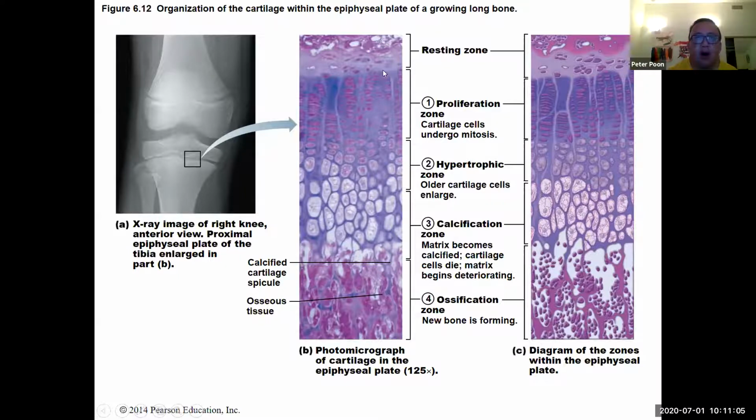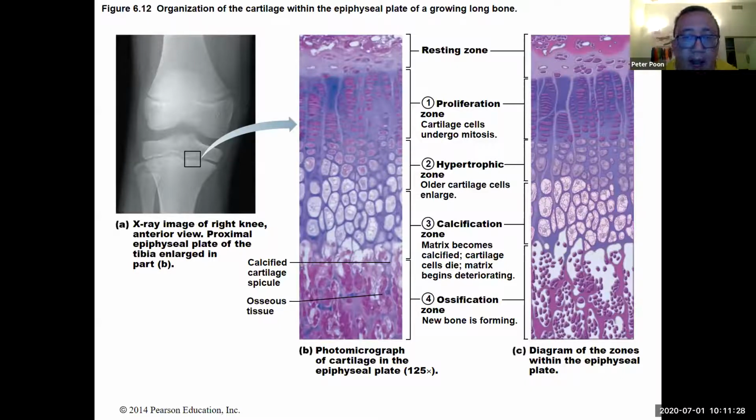So I have a resting zone where the cartilage is normal. I have a proliferating zone where the cartilage is growing, and it's growing so fast, undergoing mitosis so fast, that the cells are literally dividing into little stacks, and they look like little stacks of coins.